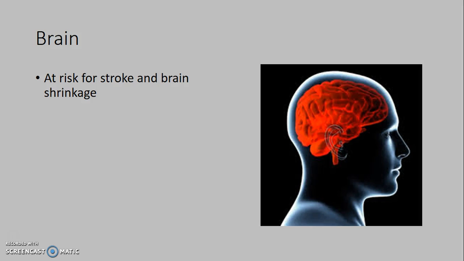With brain volume loss, you can lose some very important functions such as your hearing, memory, emotion, eyesight, speaking, and self-control. So as you can see, having uncontrolled type 2 diabetes is very bad for your brain.